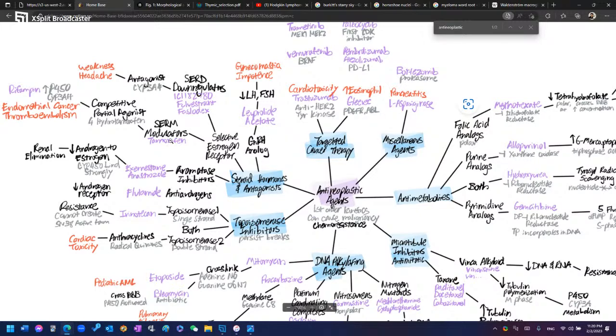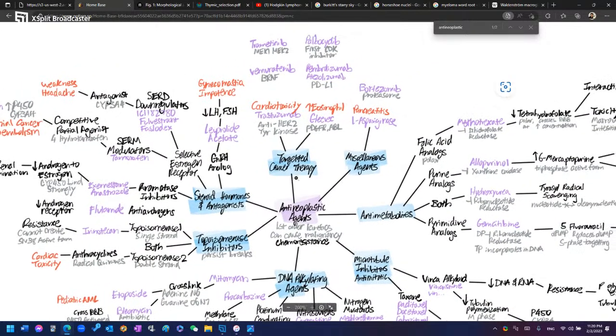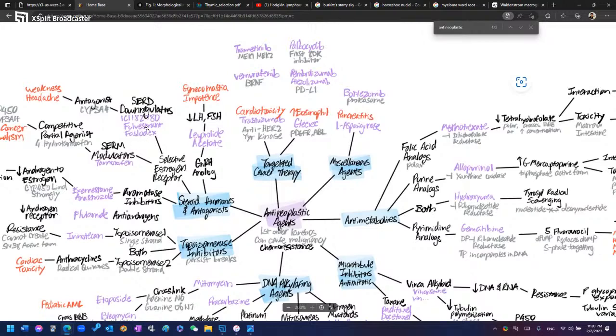So there's modulators and downregulators. There's full antagonists and there's the competitive ones, which will increase the function for a little bit and then decrease it. So I guess they're not as strong as the other ones.